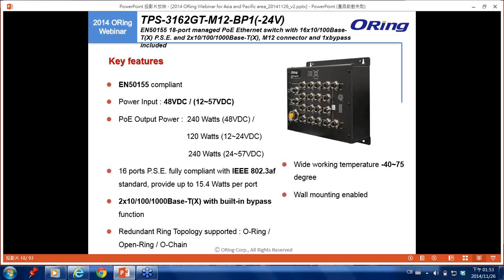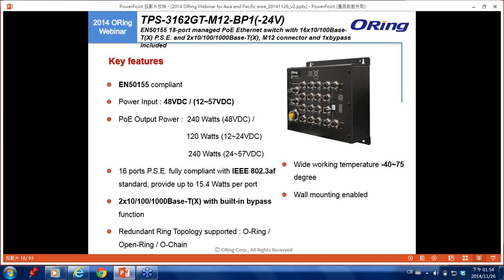For the standard model, 48 volt DC, the maximum power output will be 240, and for the 24 volt DC model, you can see there are 2 sections. From the power input of 12 to 24 volt DC is 120 watt, and from 24 to 57 volt DC, the power output will be 240, same as the 48 volt DC power input.